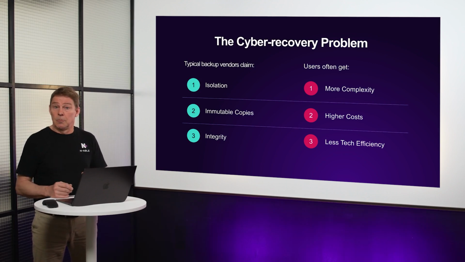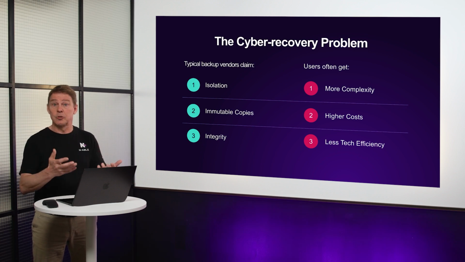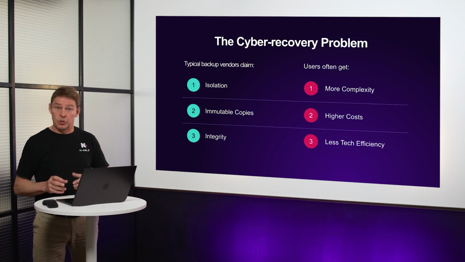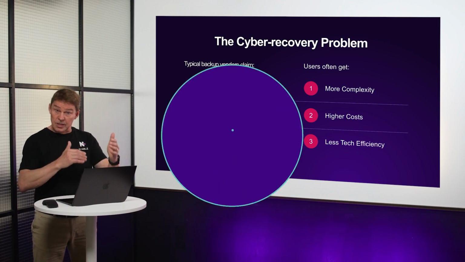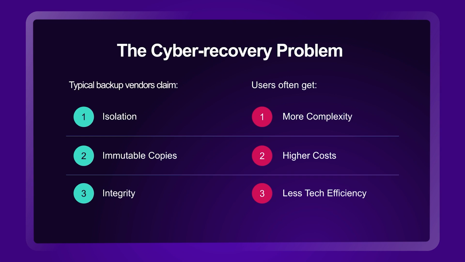Immutable copies. Well, what data is worthy of an immutability or a retention lock or an object lock versus not? That's think time. I have to think about the policy that governs that distinction between regular data and important data. Most customers don't know what that is. And oh, by the way, I have to make an investment in storage technology that supports that retention lock capability.